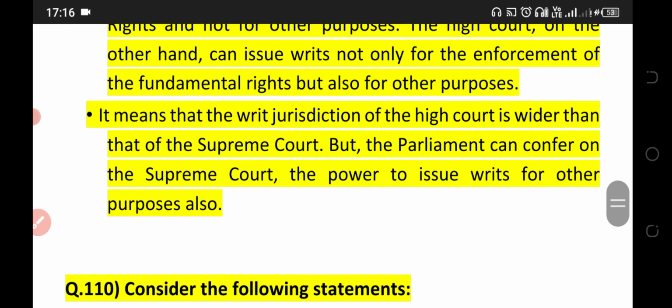It means that the writ jurisdiction of the High Court is wider than that of the Supreme Court, but the Parliament can confer on the Supreme Court the power to issue writs for other purposes also.